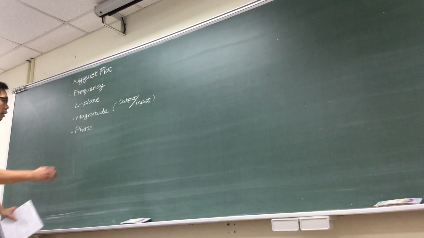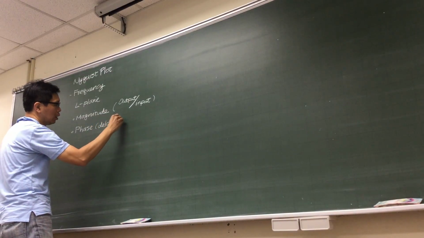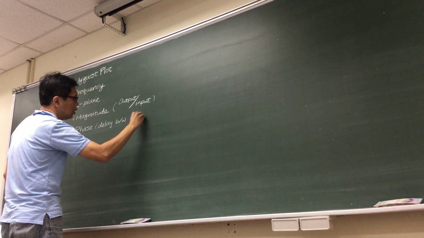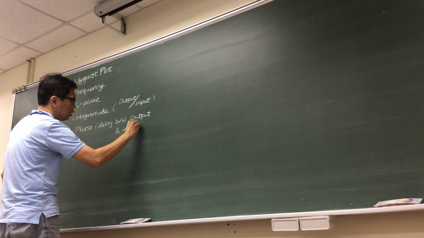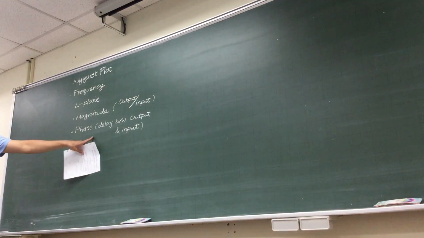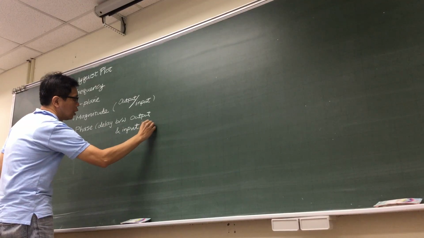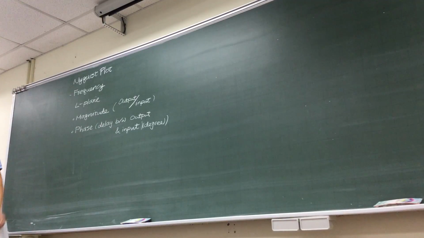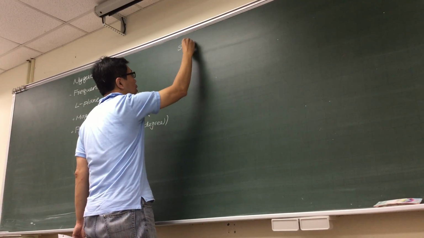And the phase is, again, the delay between output and input. So this one over here, we always use degrees. Okay, so those are two things which are always important, and it's different from S domain or S plane.